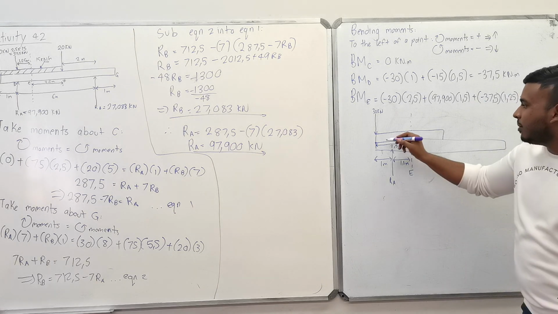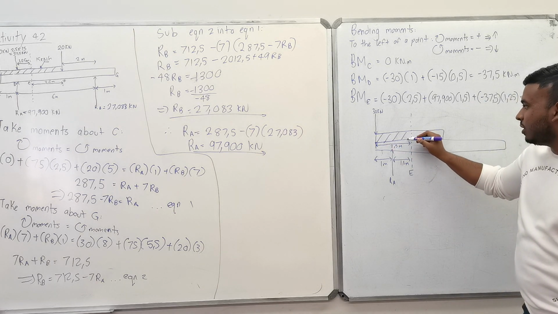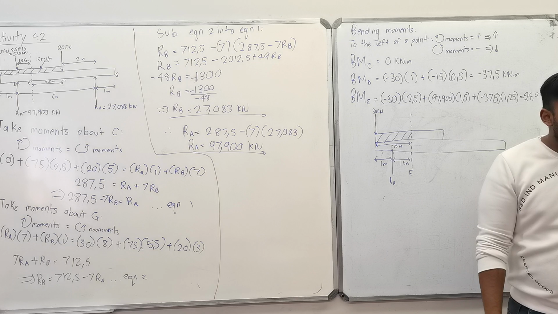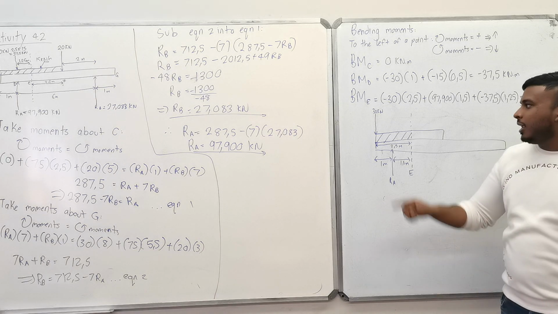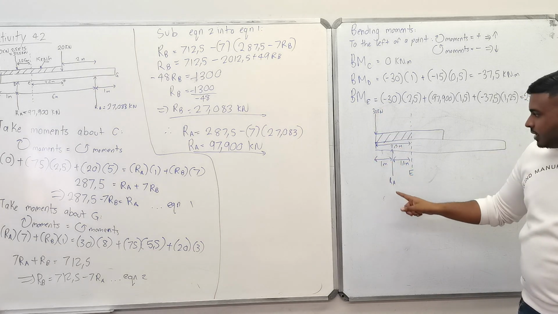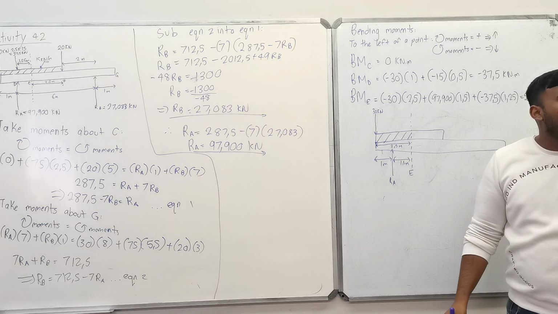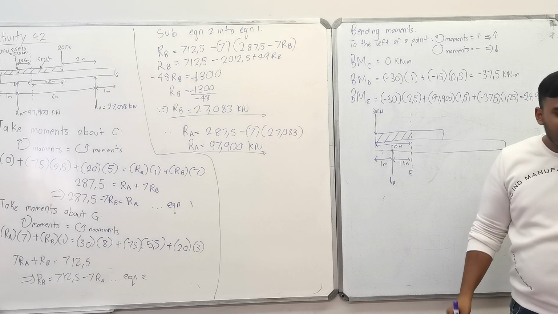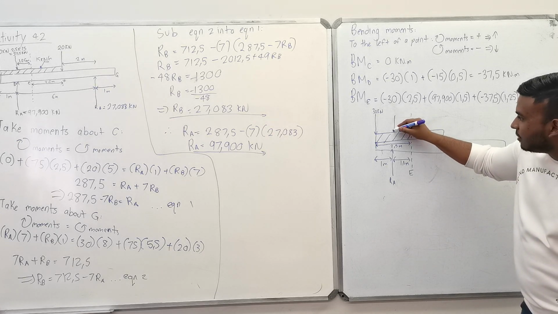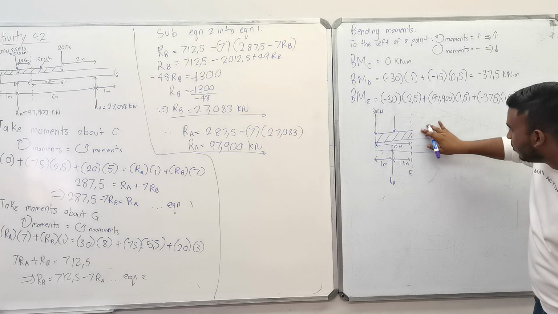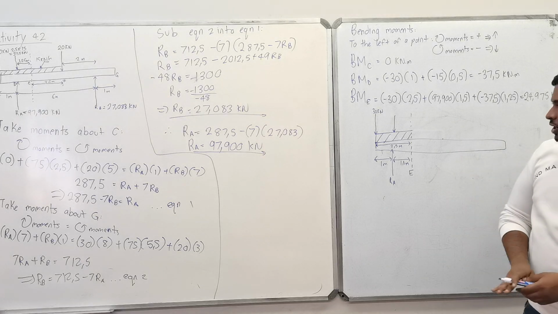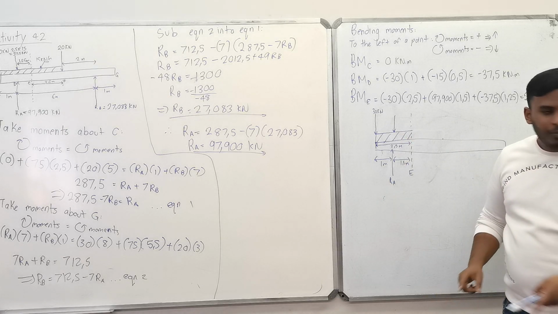Now remember, this is a uniformly distributed load. When we look at the forces to the left, there is this downwards force and this upwards force, but the uniformly distributed load will also create a downwards force.